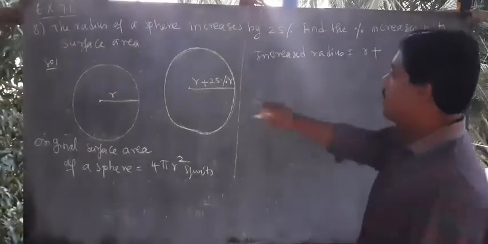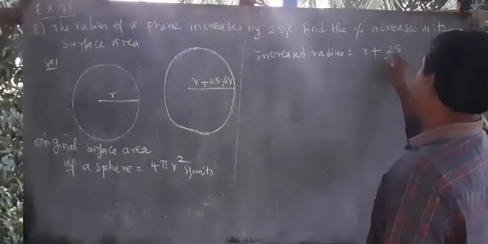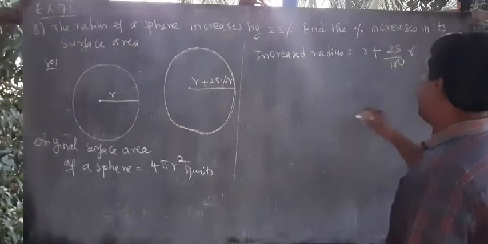So r plus 25% of r. The increased radius equals r plus 25 by 100 into r.